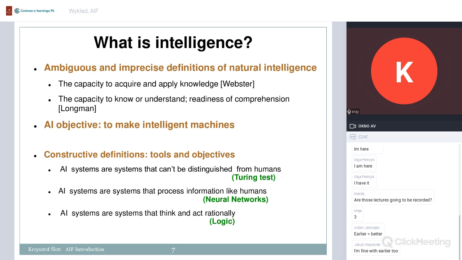So the second definition is completely different. That says that AI systems are systems that process information like humans. This means that we are trying to make AI by trying to clone or copy what we know about our neural systems. So this approach is implemented in the field of research that is called artificial neural networks.